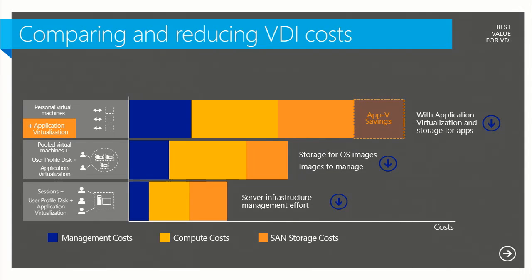If you can get 100 virtual machines on hardware before you start seeing user performance impacted, you get 200 remote desktop sessions on that same machine. And again, your management costs go down because now you're just patching that one machine instead of having to patch multiple virtual machines in there. All your compute costs go down because you've just got one copy of the operating system running instead of one per user. So you really get some big benefits by going to session host.